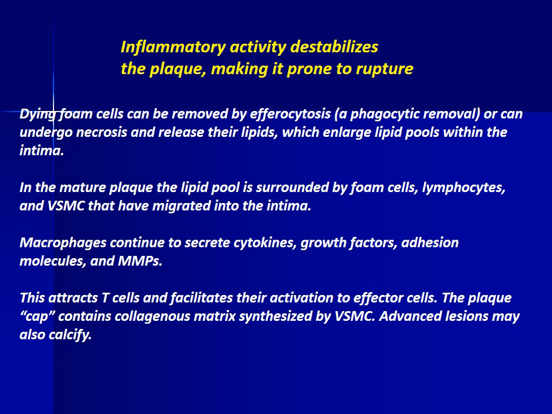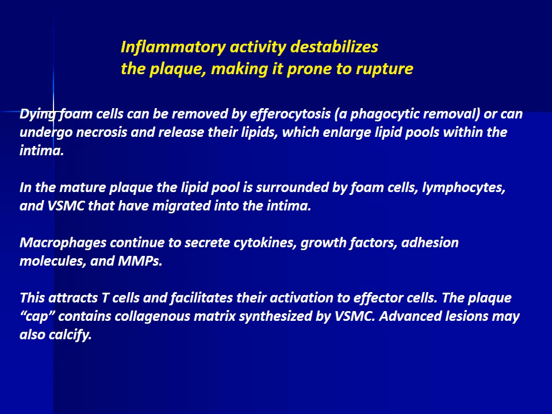Dying foam cells can be removed by efferocytosis, a phagocytic removal, or can undergo necrosis and release their lipids, which enlarge lipid pools within the intima. In the mature plaque, the lipid pool is surrounded by foam cells, lymphocytes, and vascular smooth muscle cells that have migrated into the intima.